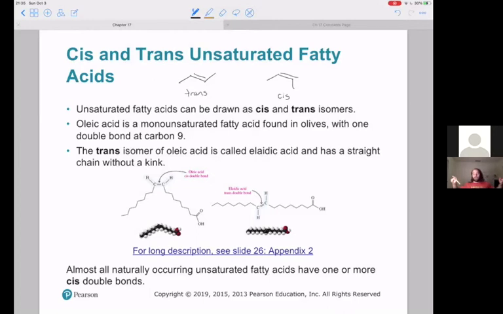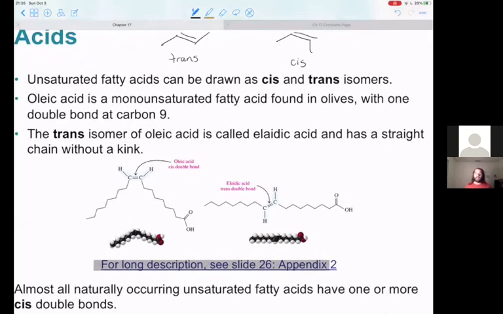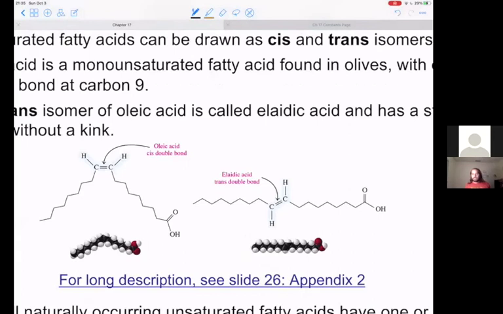We're used to seeing them all in those extended chains when we draw out all of our single bonds. Well, if you have a trans fatty acid, it maintains that shape pretty similarly, because of the orientation of a trans double bond, similar to if we had no double bonds at all, just that straight chain.